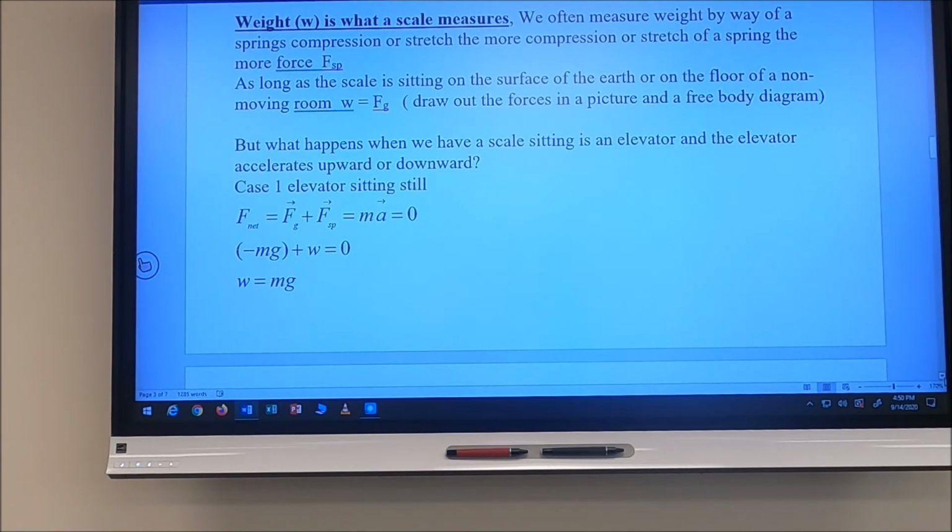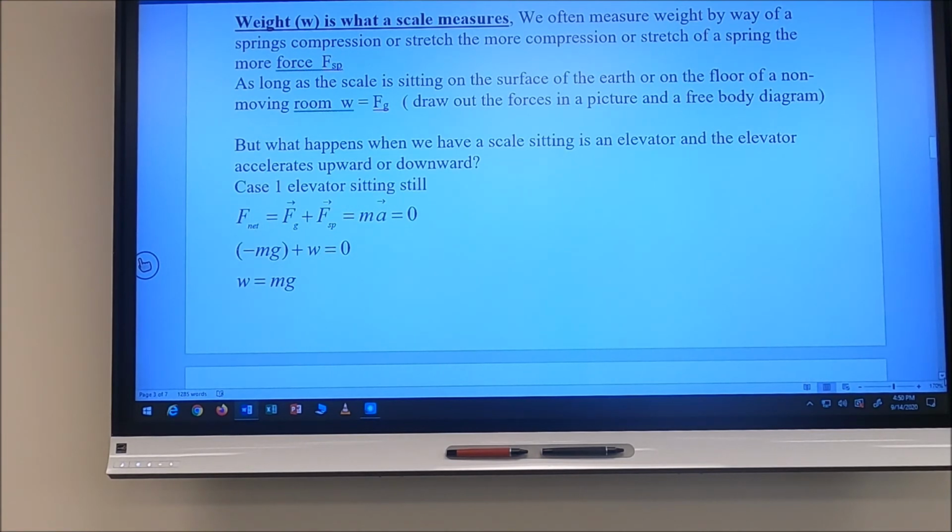So, weight is often measured in terms of a compression of a spring. So a spring force is going to be the way that we're going to measure force due to gravity on an object. So weight is what a scale reads, a force due to gravity.